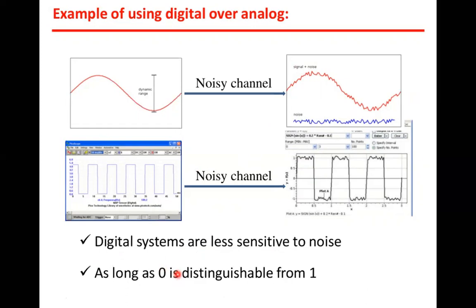So this clearly shows why we should go for digital, because in the case of analog the noise is clearly shown, whereas in the case of digital it is less sensitive to noise.